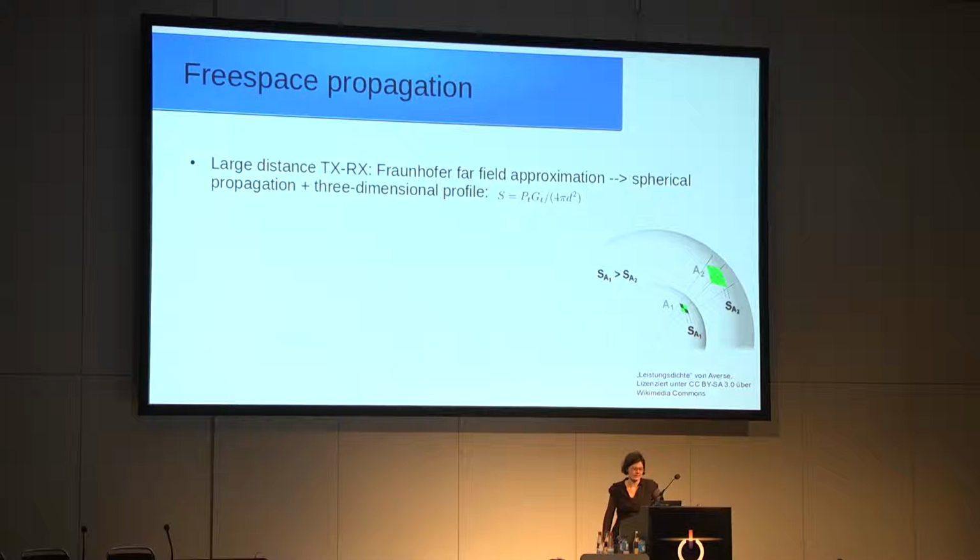At the same time, the density drops inversely proportionally. So this behavior is the 4πd² part. And then we have the three-dimensional profile coming from the antenna pattern. So on the whole, this becomes quite easy for propagation.